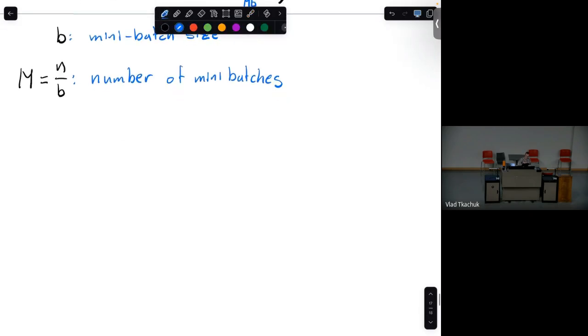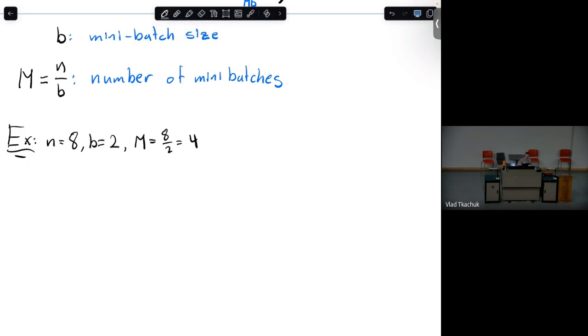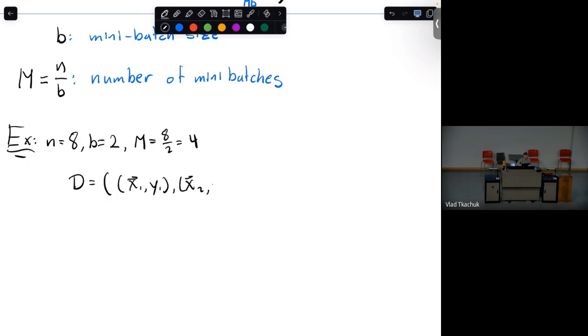But before then, I give you a very explicit example. Suppose n is equal to 8, b is equal to 2. Well, then m equals 8 over 2, and you have 4 mini batches. So then D looks like the following. It looks like x1, y1, x2, y2.